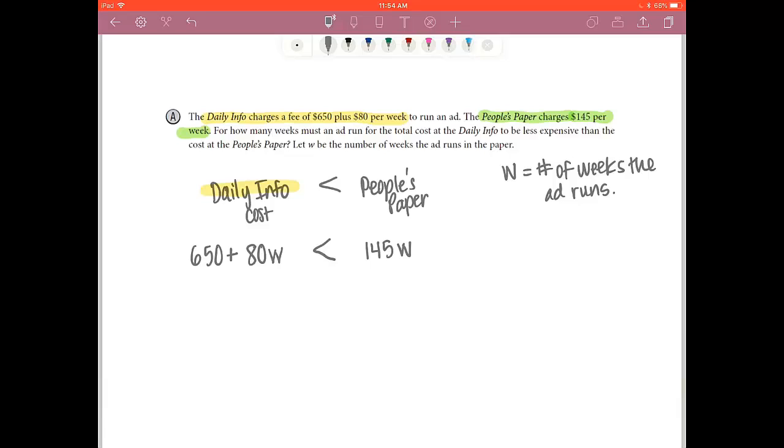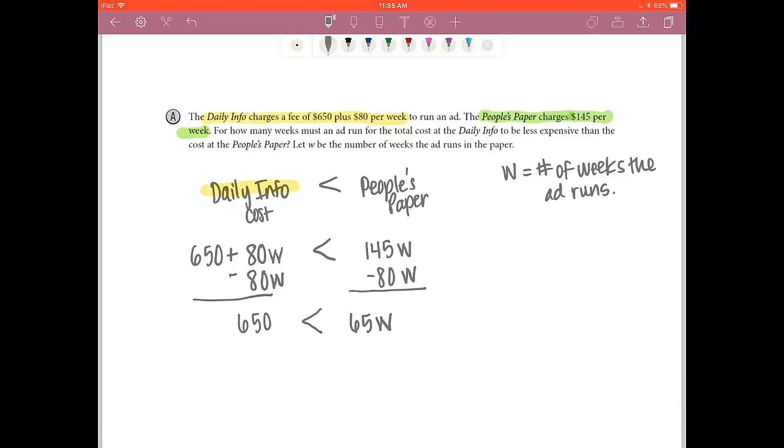So that would be 145W. 145 per week means that the 145 is the coefficient. I'm going to subtract 80W from both sides, and I get 650 is less than 65W.